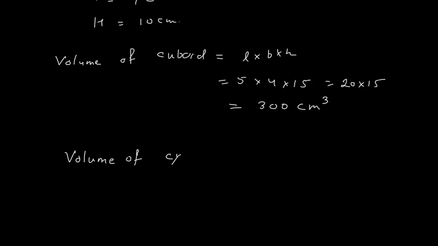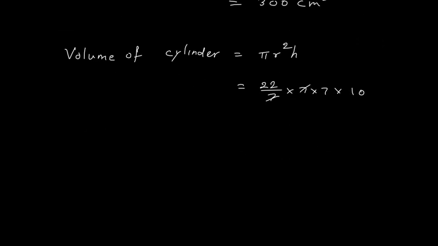And volume of cylinder is equal to pi r square h, which is equal to the value of pi, 22 divided by 7, into radius 7 square, so it is 7 into 7, into h is 10. Now this 7 and 7 will cancel, and here I have 22 into 7, which is 154, into 10 is equal to 1540.